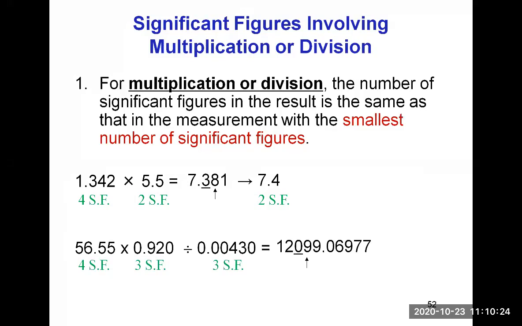And this one is in the hundreds place, so we need 2 zeros after that to show that it's 12,100. And here we see that there are 3 significant figures, the 1, the 2, and the 1. You do not show the decimal point because otherwise that would make it 5 significant figures.